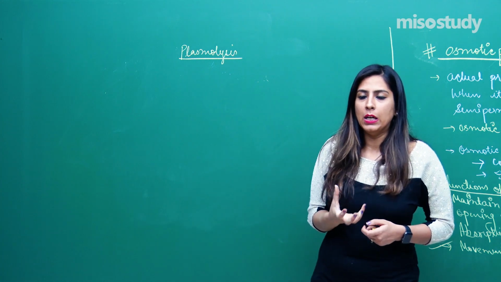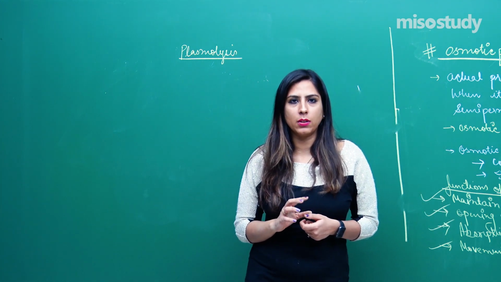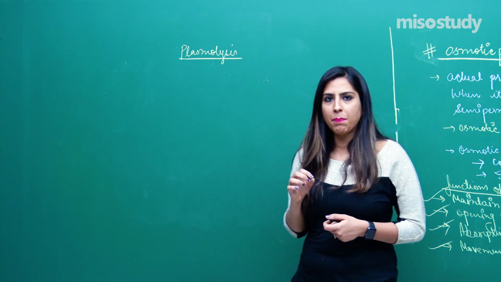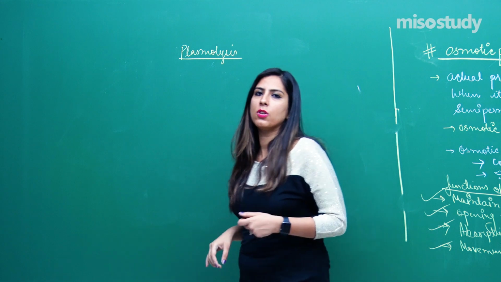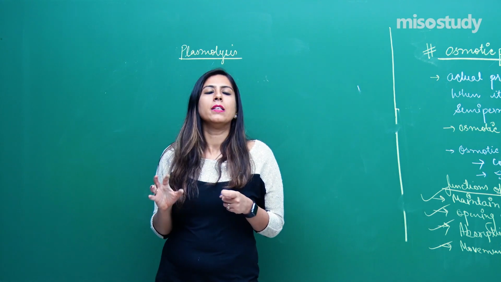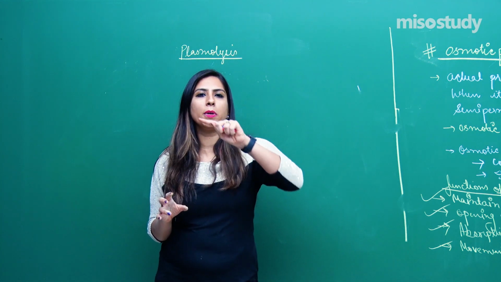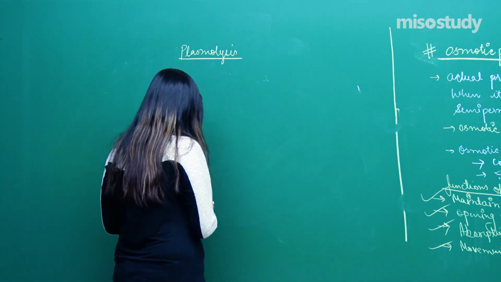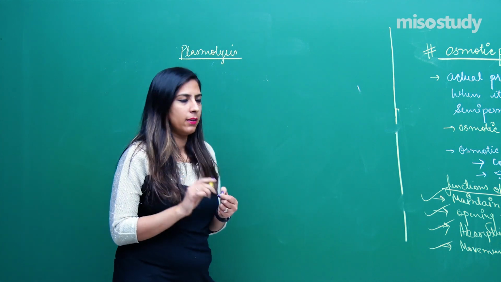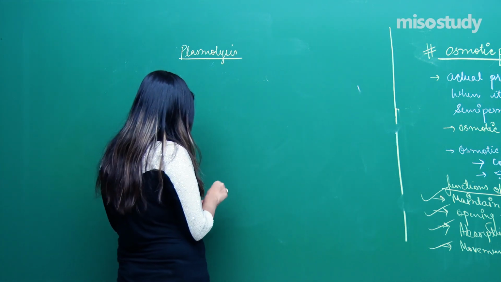Suppose I have done an experiment in which I have placed a plant cell in water that is a hypertonic solution. What will happen? There will be exoosmosis. The movement of the water will occur from inside of the cell to the outside of the cell. This is called exoosmosis, and this is also called plasmolysis. The outermost solution that we have is hypertonic. You have to remember, do not get confused between these words.